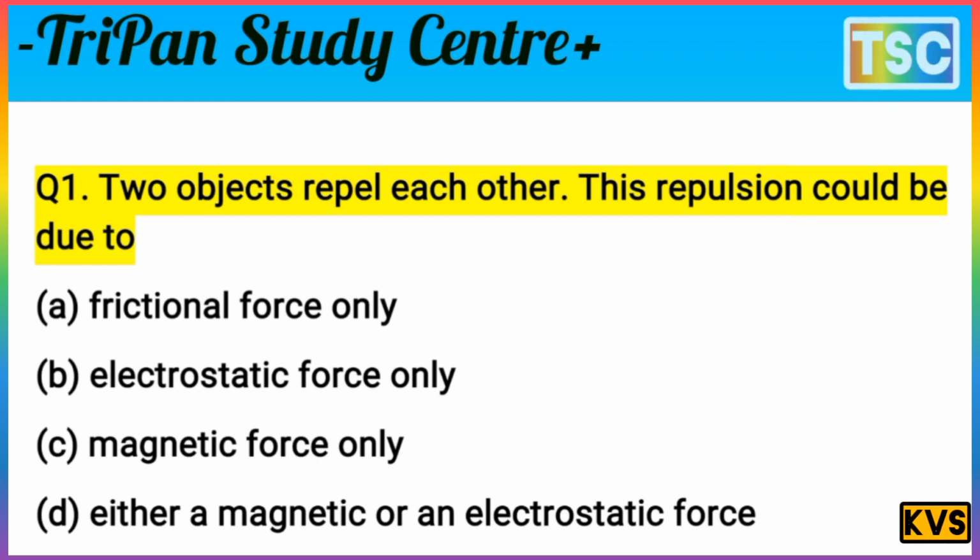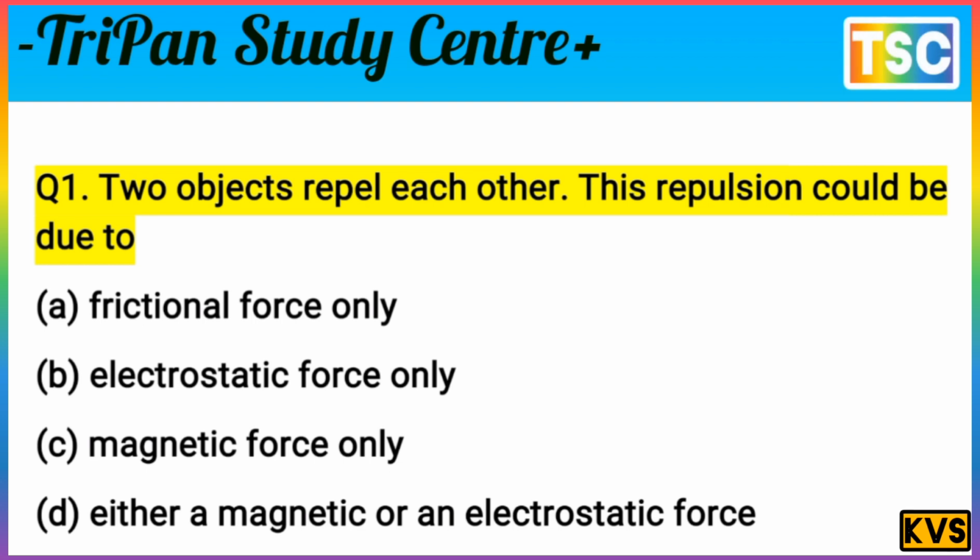Electrostatic force is right, and magnetic force also applies. Both electrostatic force and magnetic force can cause repulsion. It means option D is correct: either magnetic or electrostatic force. Option D is correct here.